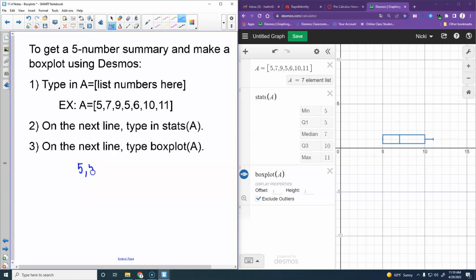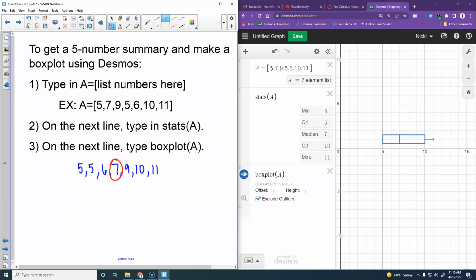5, 5, 6, 7, 9, 10, 11. Is that 1, 2, 3, 4, 5, 6, 7 numbers? That's all of them, right? Yeah, okay. And the middle number right here is 7.